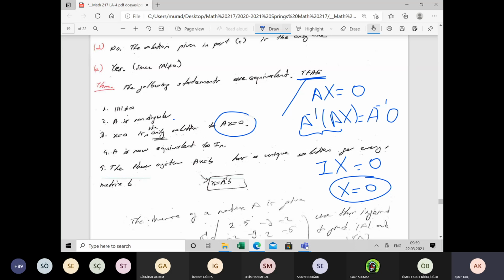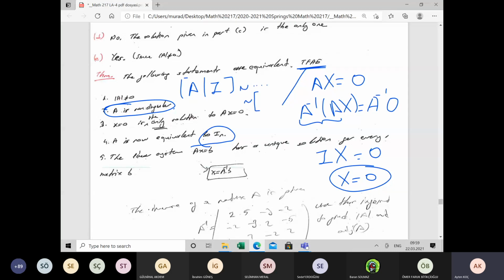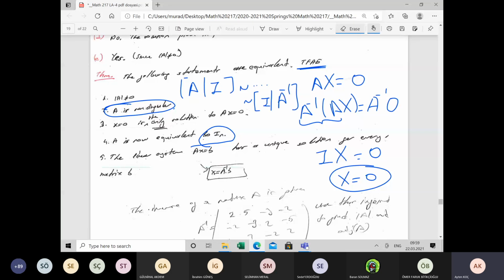Yes, because A is an invertible matrix. Write this using the reduced row echelon form, and we obtain the identity. The second part gives the inverse matrix. So A is row equivalent to the identity matrix.